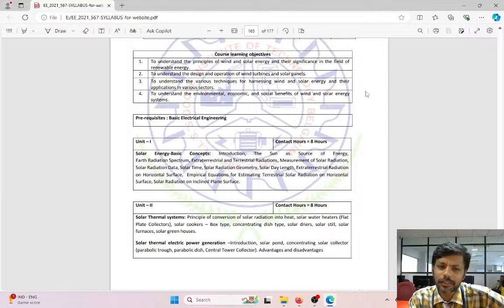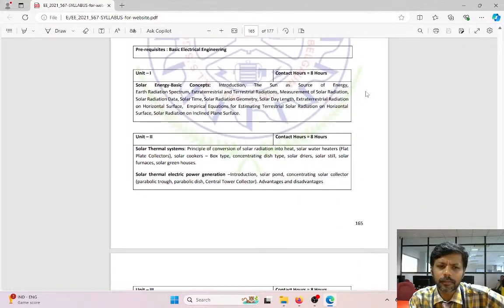The prerequisites for this subject are basic electrical engineering and renewable energy sources. Coming to the first unit, we are going to discuss solar energy basics. That means the distance between the sun and the earth, the different angles, how to measure solar radiation, and how much solar energy or heat we are going to get per day, or with respect to a specific area.